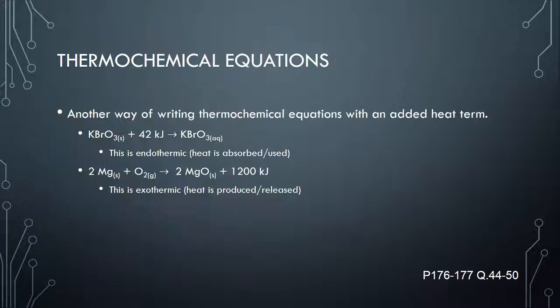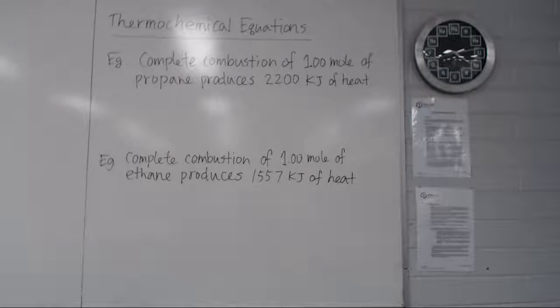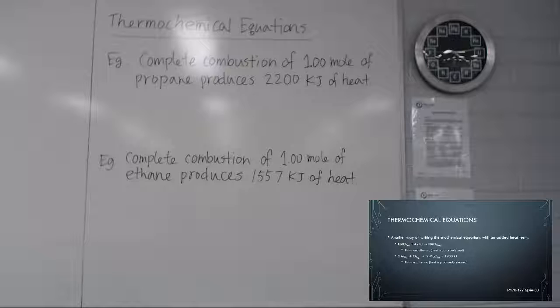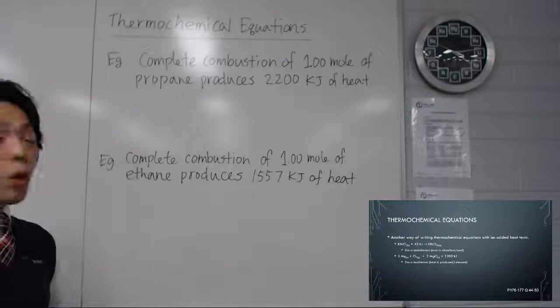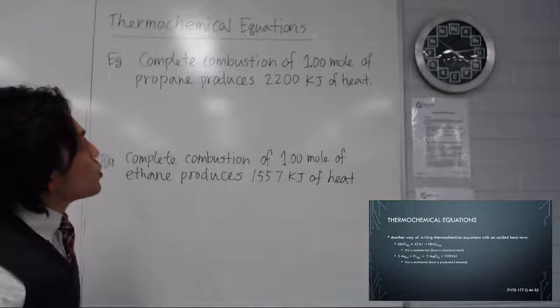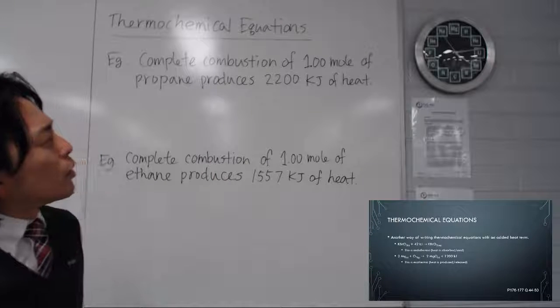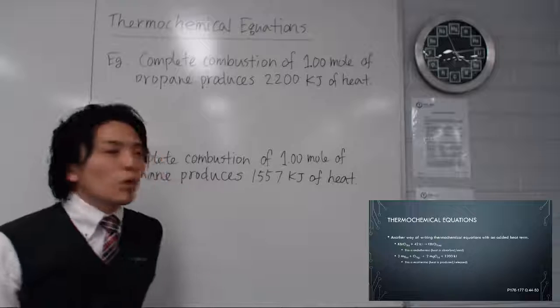Let's see other examples of thermochemical equations. Complete combustion of 1.00 mole of propane produces 2,200 kilojoules of heat.